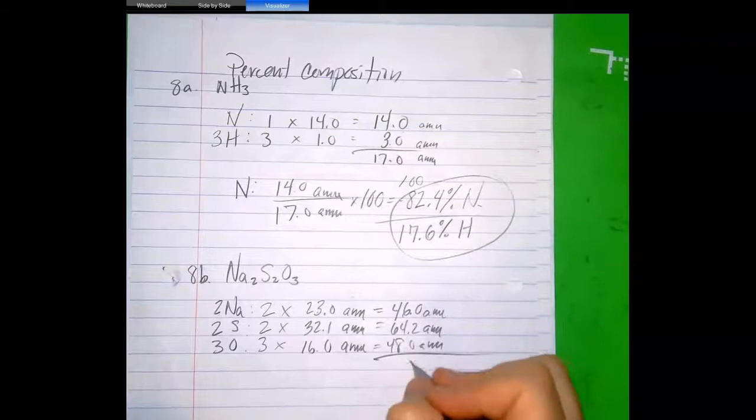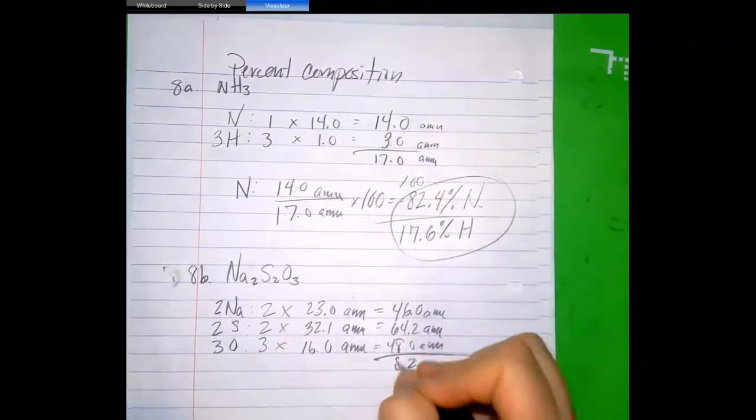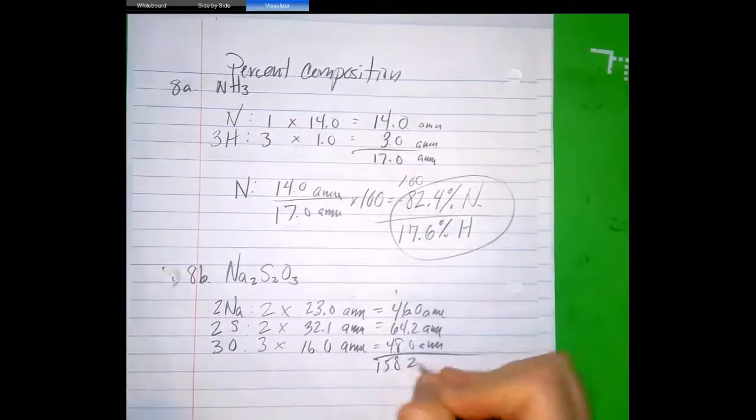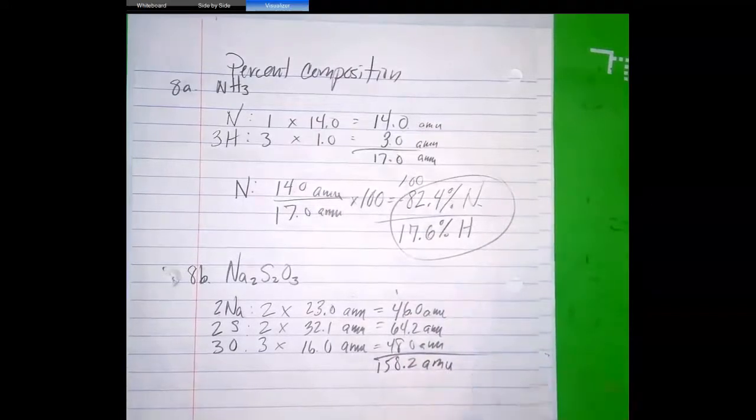And we're going to add them all together, carrying a 1 there, 158.2 AMU. And then that's our total.